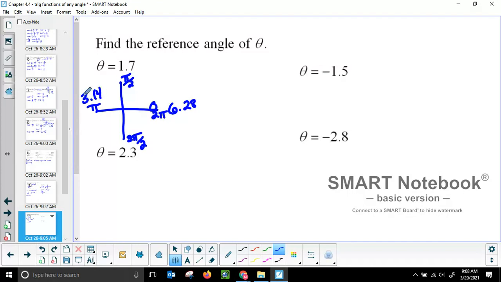If you cut pi in half, half of 3 is 1.5, half of 0.14 is 0.07, so this is 1.57. Of course, 3 pi over 2 is really just pi over 2 plus pi. So add these two together, and you're going to get 4.71.